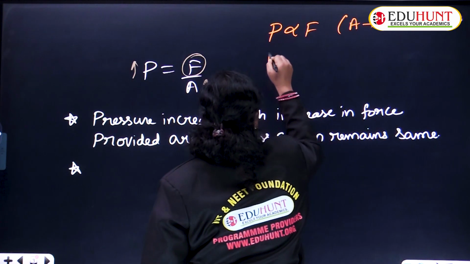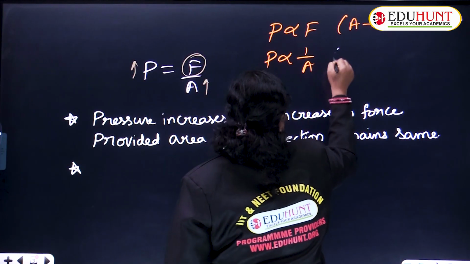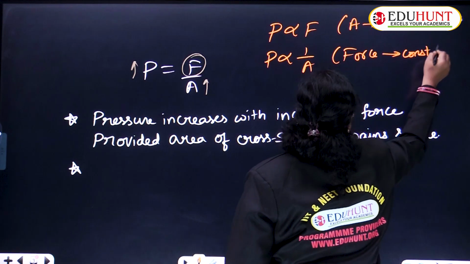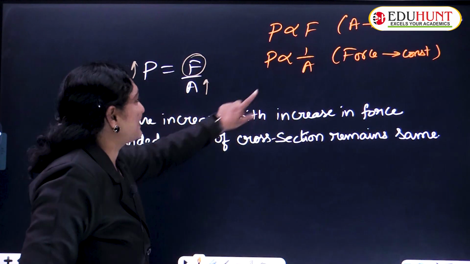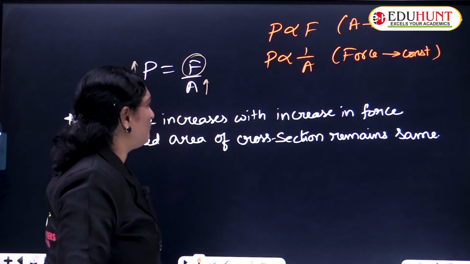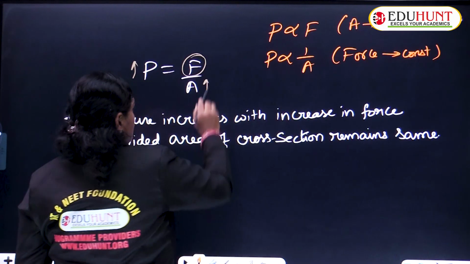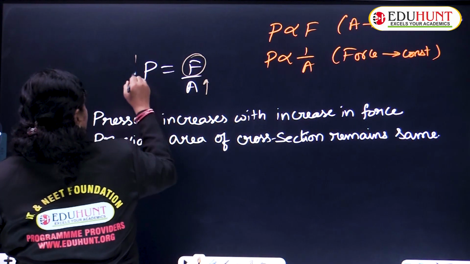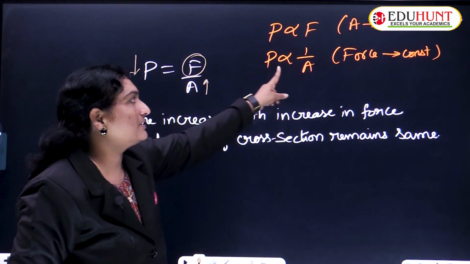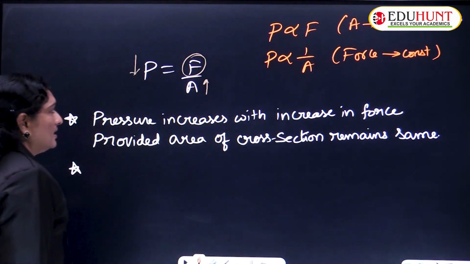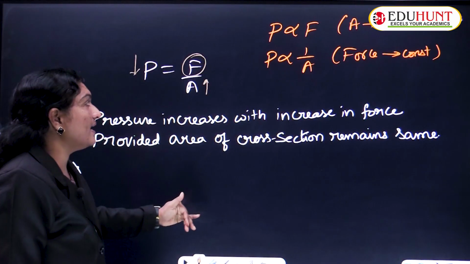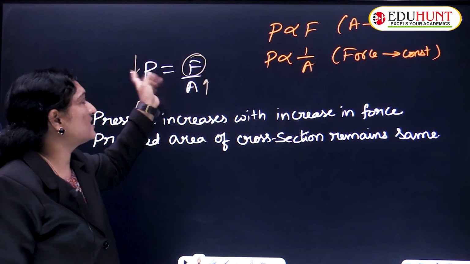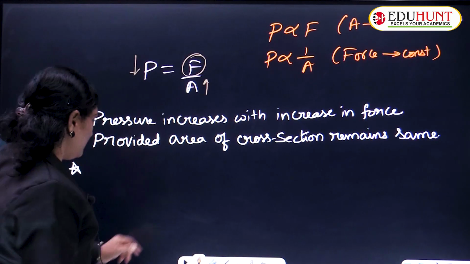And similarly, pressure is inversely proportional to area if force remains constant. So, as area increases, the value of pressure decreases. With increase in area, the amount of pressure acting on the surface decreases. Why? Because they are inversely proportional to each other. The lesser the area of cross section, the larger the pressure. The larger the area of cross section, the lesser the pressure. So, let me write the same.